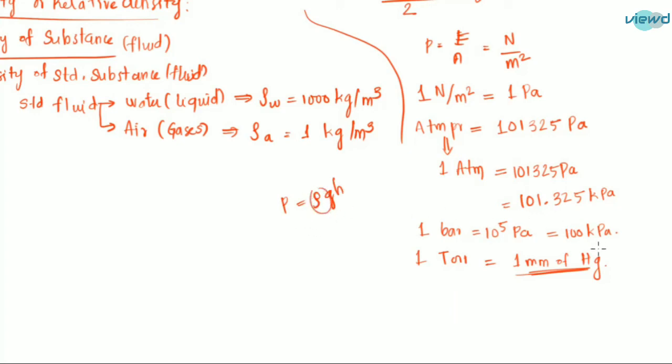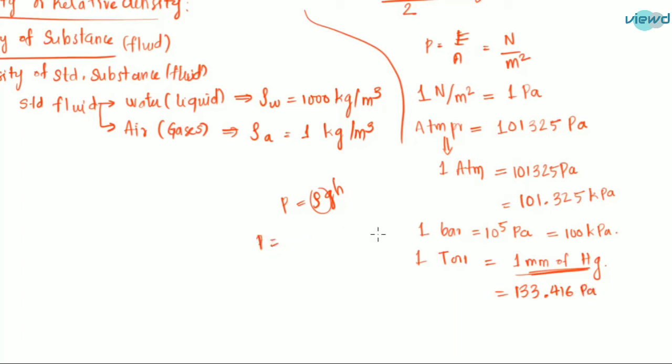Rho is the density of the fluid, here it is mercury, g is the acceleration due to gravity, and h is the height to which it is raised. So 1 torr, which is 1 mm of Hg, is equal to 133.416 Pascal. How is this calculated?